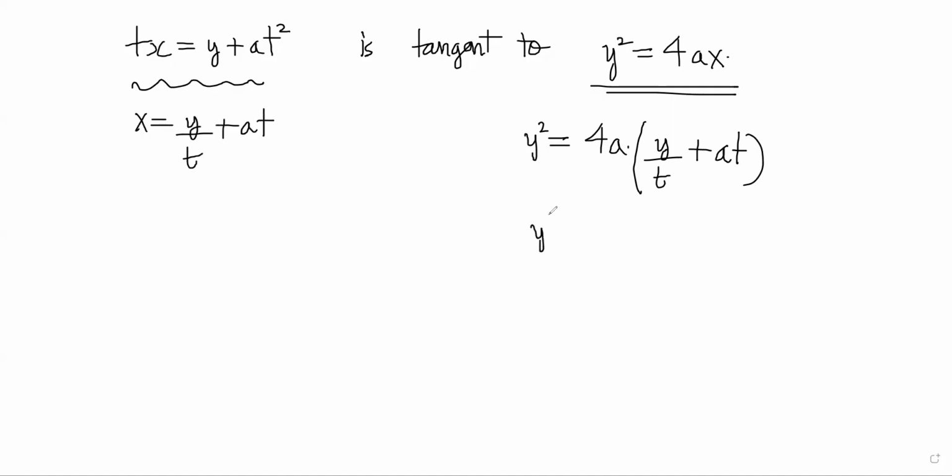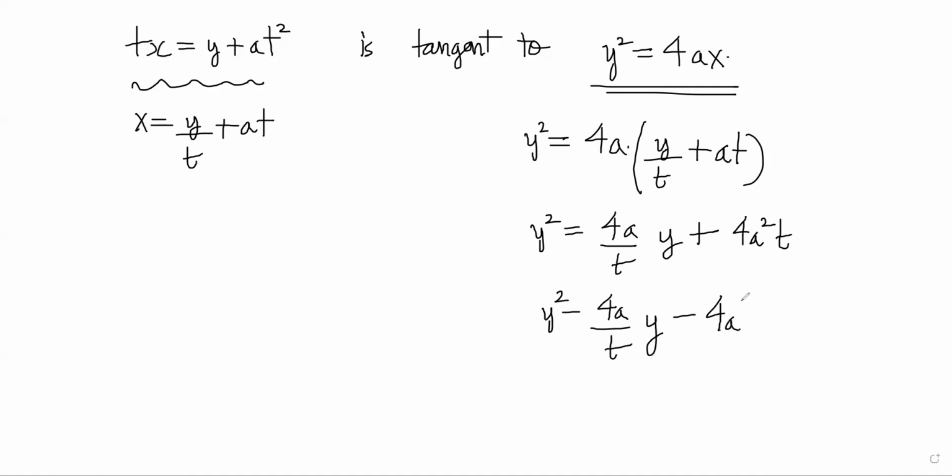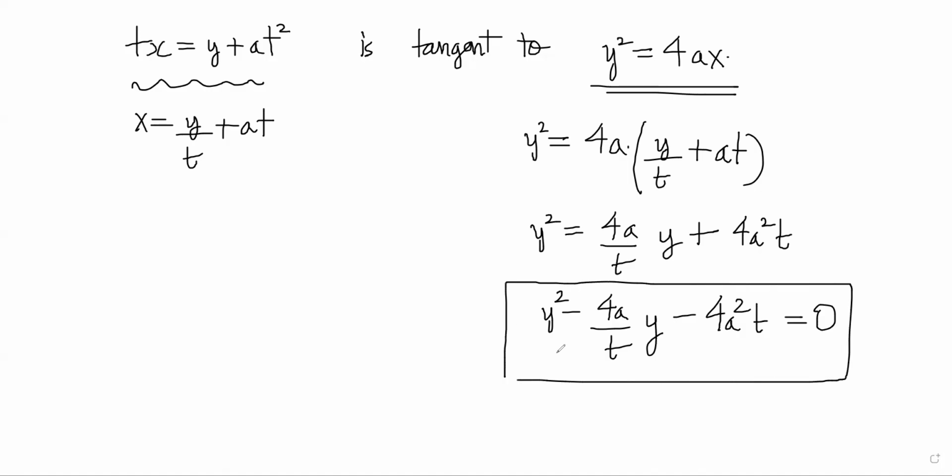So I'm getting y² = 4ay/t + 4a²t. So y² − (4a/t)y − 4a²t = 0. This is my equation, and the discriminant here should be equal to 0.